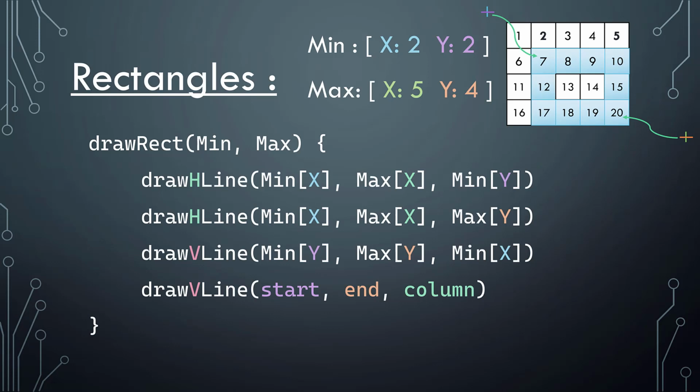Yeah, sorry about that. So we're going to start at the min y and go to the max y in terms of the row, sorry, and the column is going to be the min x, and the last line is going to be the right vertical line. We're going to start at the min y all the way to the max y, again the same, but this time the right column, which is max x.